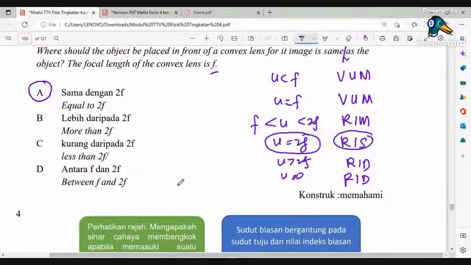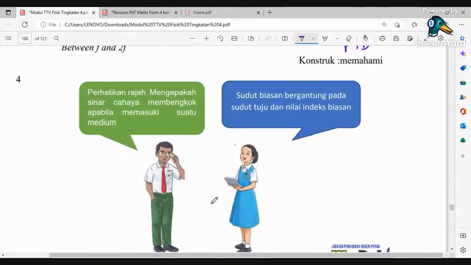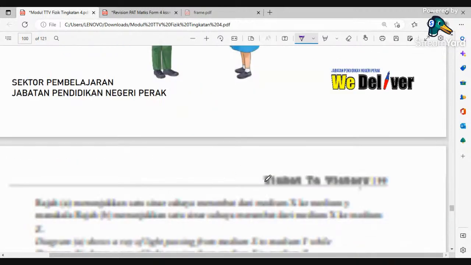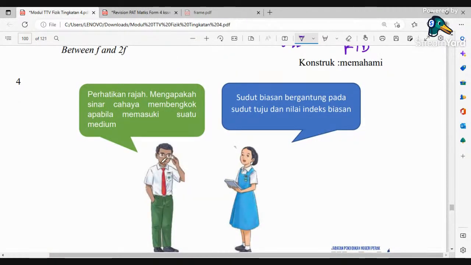Number 4. Ini dalam bahasa Melayu. Tengok ada mesin bahasa sana. Just observe the diagram. Why does the light ray bend when it passes through a medium?